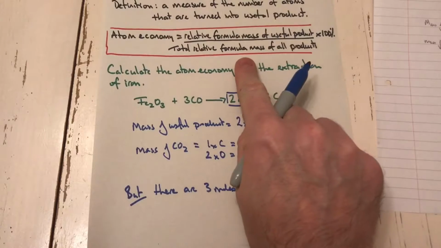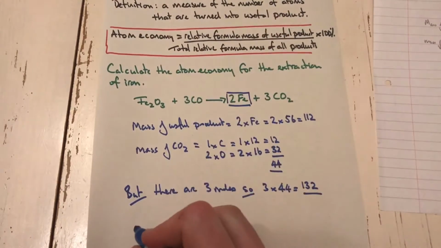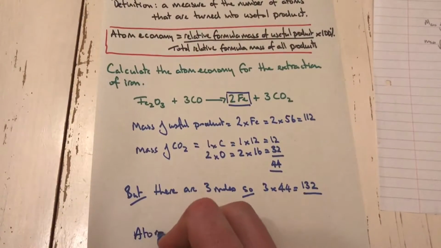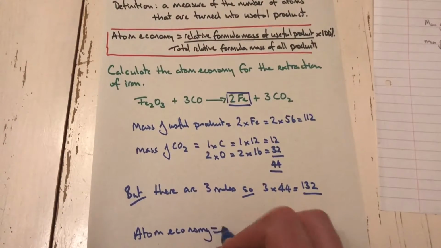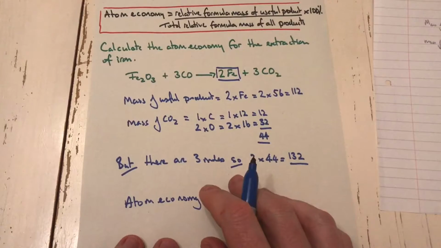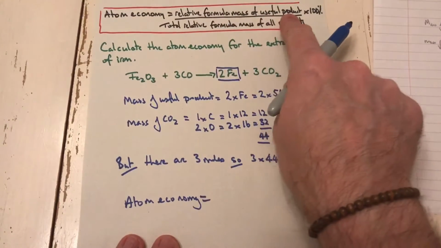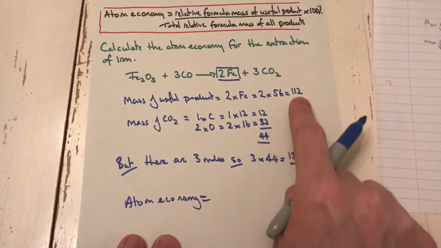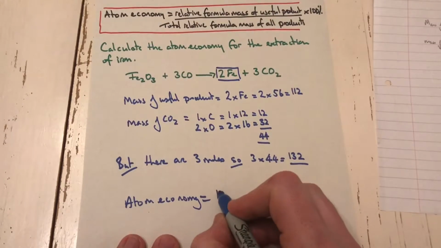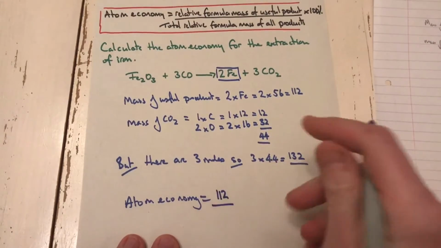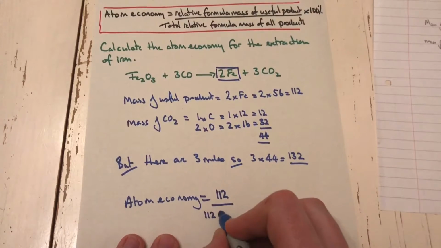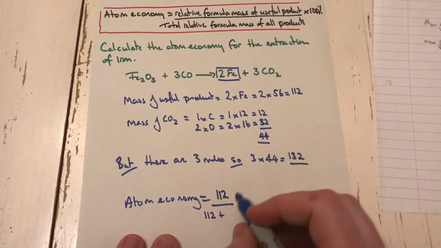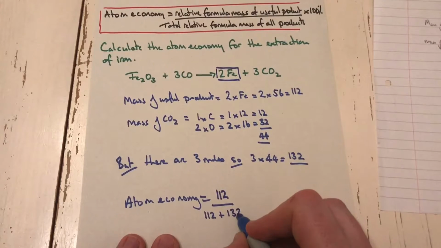So I'm going to go back to my equation now, and I can say that the atom economy is going to equal the total mass of the useful product, our desired product, which is 112, and then I divide by the total mass of all my products, which is 112 plus the carbon dioxide, which is 132, and then I must remember to put brackets on that.